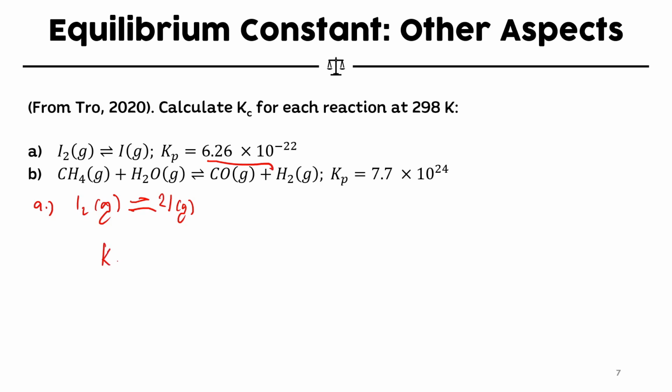Therefore, our Kp is equal to Kc multiplied by RT raised to the power of delta n. And we divide both sides of the equation by RT raised to the power of delta n.